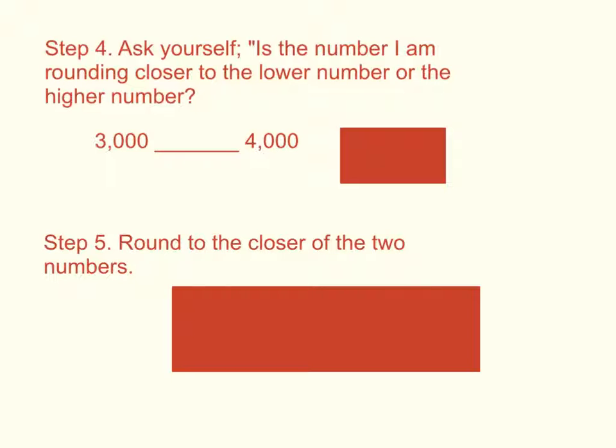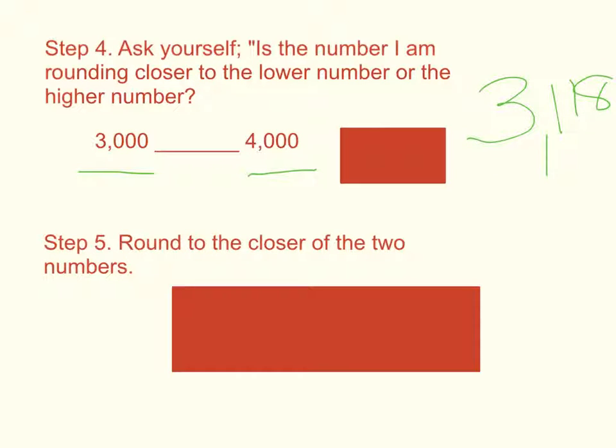The next step is you need to ask yourself, is the number I am rounding closer to the lower number or the higher number? If we look, we've come up with 3,000 and we've also come up with 4,000. So if we look at the number 3,118, we need to figure out which it is closer to.